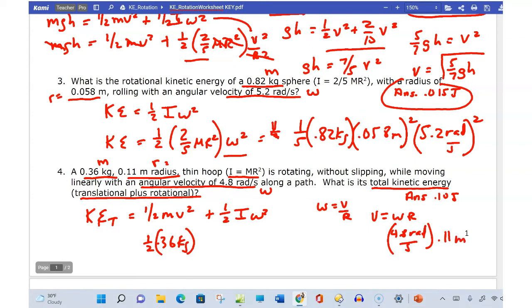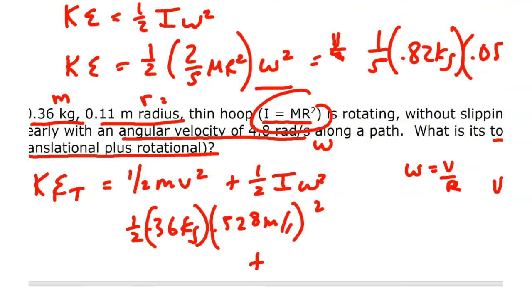0.11 meters. Let's get out the calculator. So you get a v of 0.528 meters per second, but be careful, that is squared.